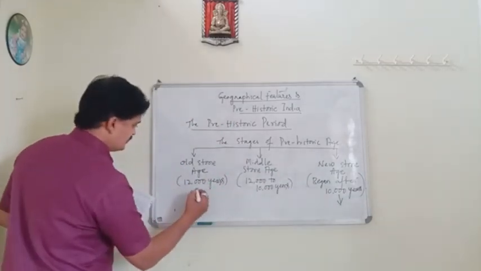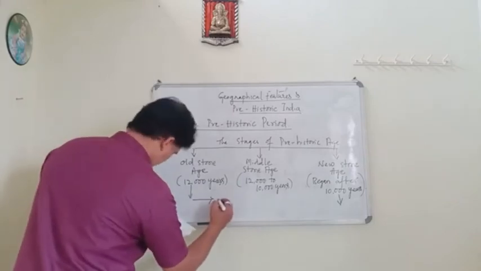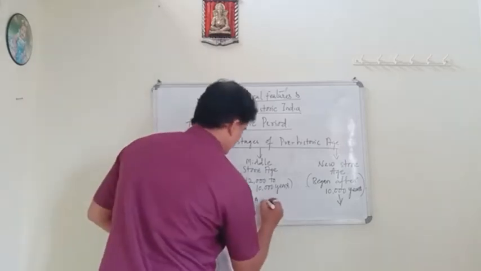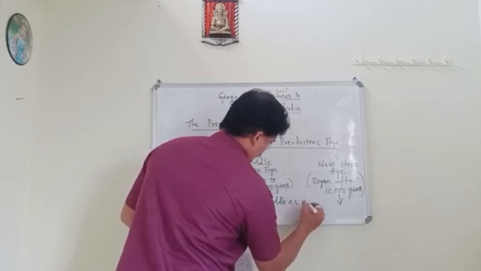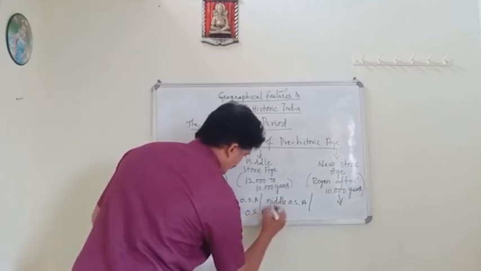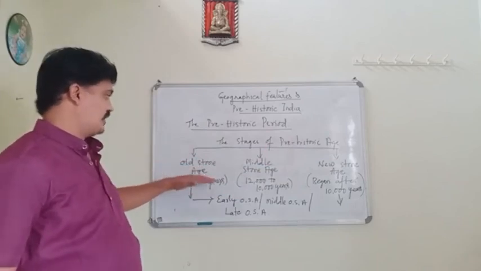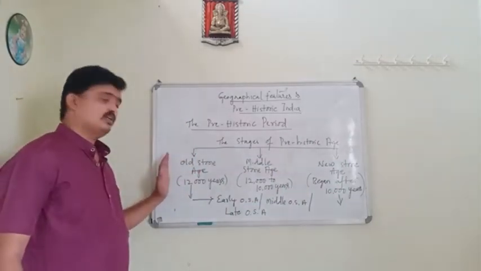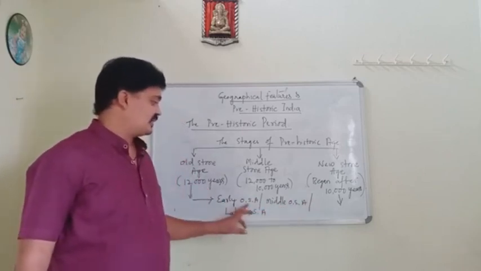One more important point: the Old Stone Age is also subdivided into three categories, that is Early Old Stone Age, Middle Old Stone Age, and Late Old Stone Age. So the stages of the prehistoric age are divided into three: Old Stone Age, Middle Stone Age, and New Stone Age. And the Old Stone Age is again subdivided into three.